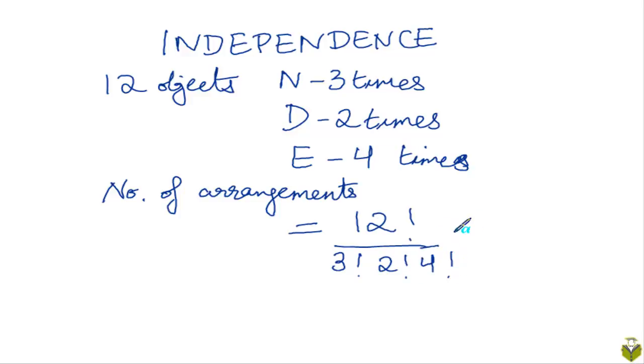I'm not writing the formula again and again, but you can see n factorial divided by p1, p2 and p3 factorial. You'll just get familiar more and more, and you should be able to write it like this. So this is actually equal to 1663200.